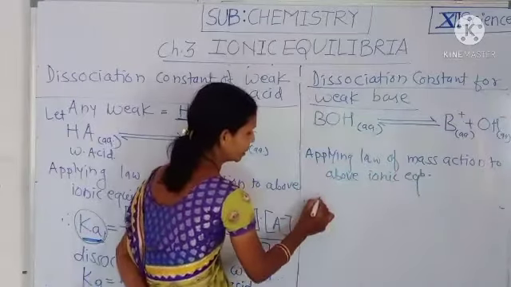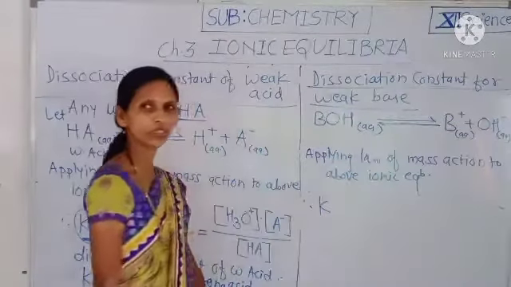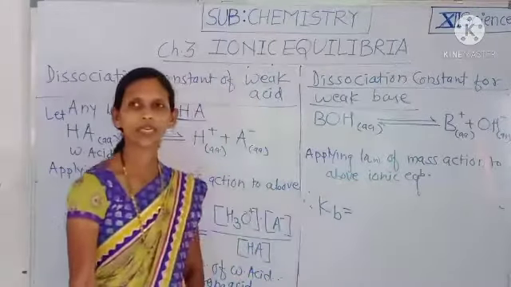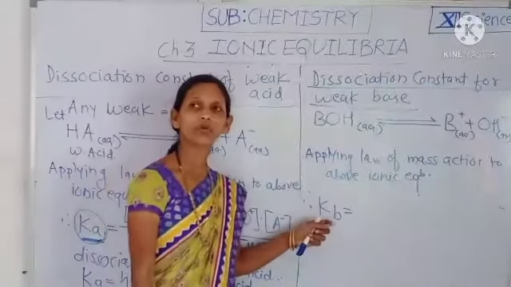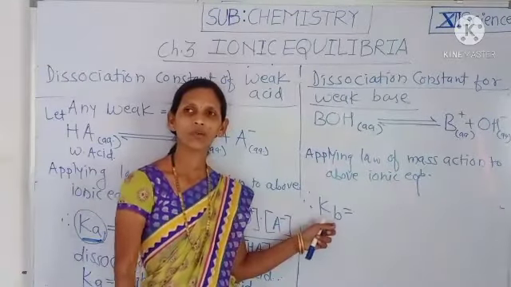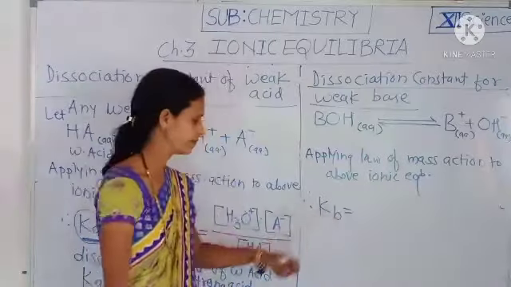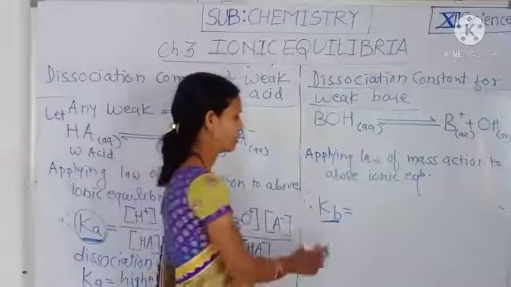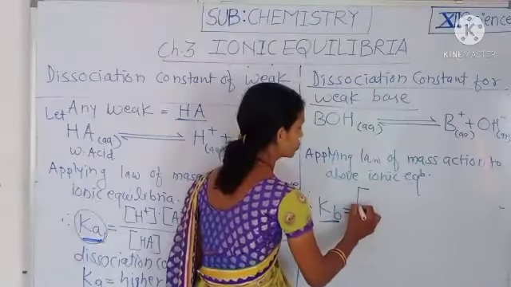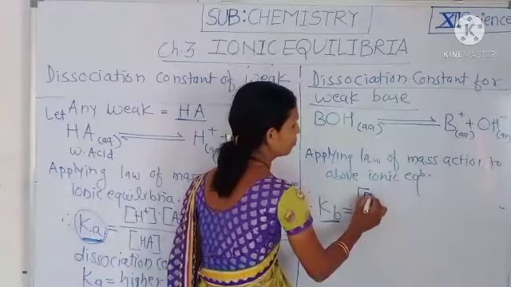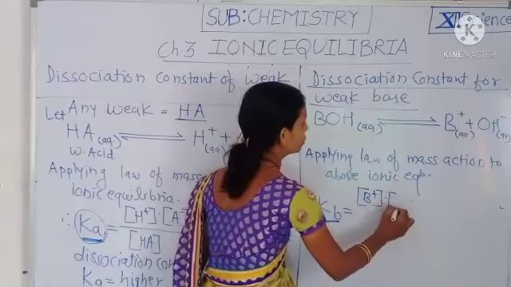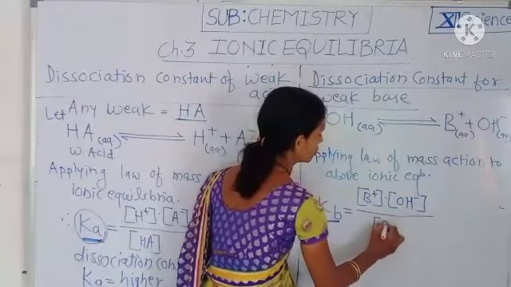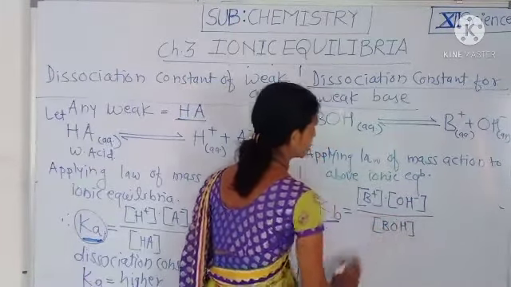Then therefore, the new equilibrium constant which is obtained is Kb. Kb is the equilibrium constant for dissociation of a weak base, and that is also known as the dissociation constant for a weak base. Kb is equal to the concentration of B plus into the concentration of OH minus upon the concentration of BOH.